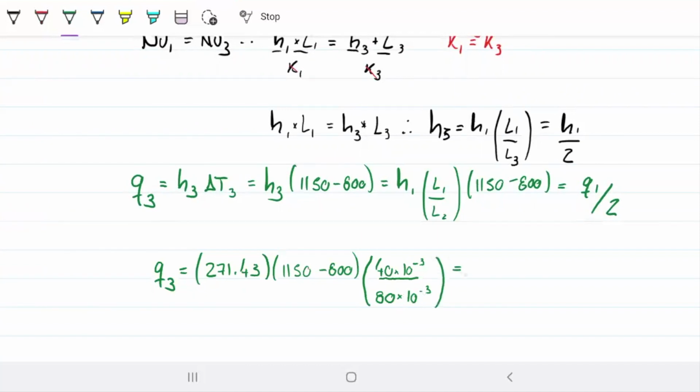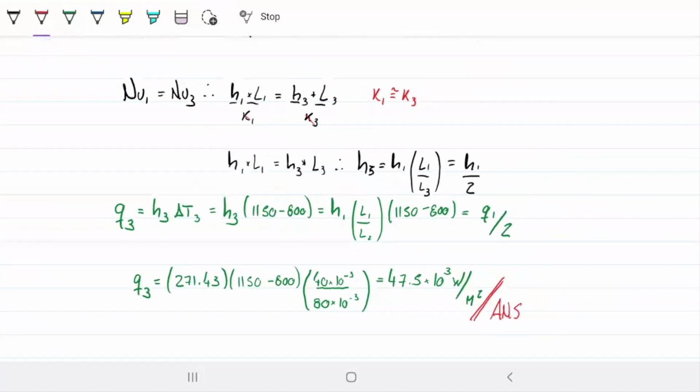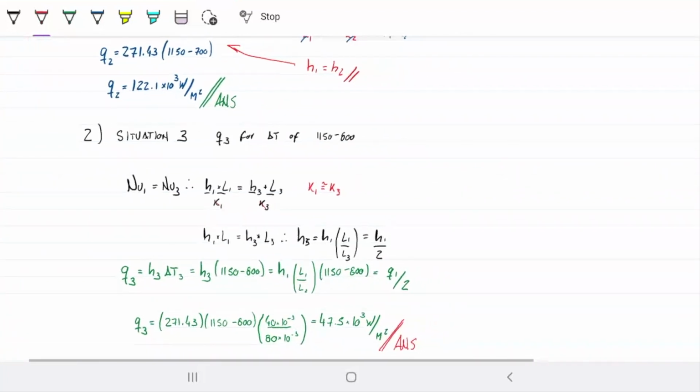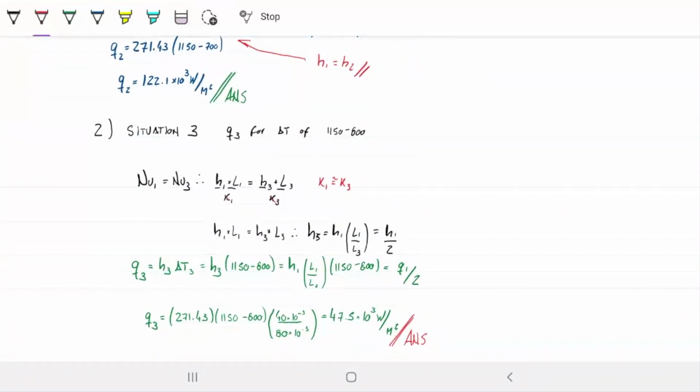And if we plug these guys in, you're going to get 47.5 thousand, which surely enough is half of Q1. So this is the answer for our second part of the problem. Once you have the convective coefficient, things are so much easier.